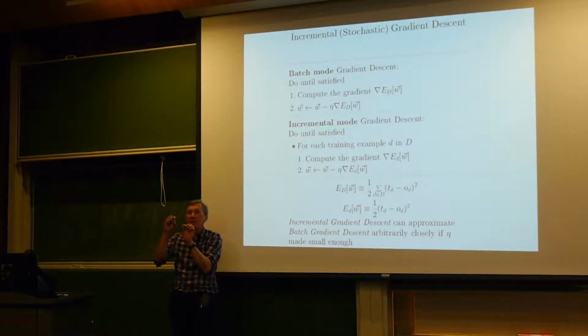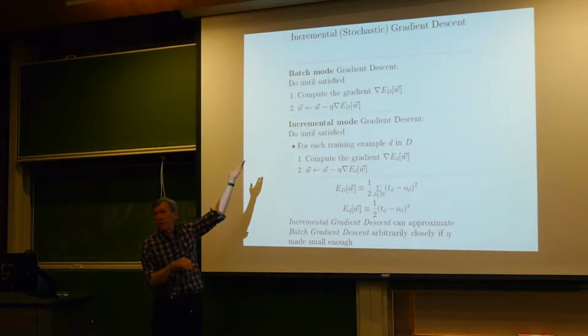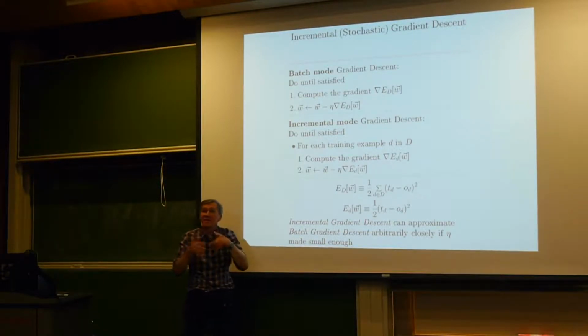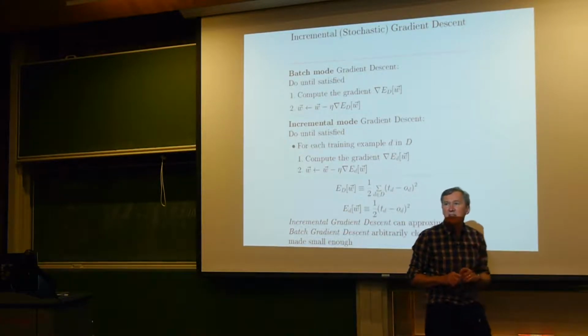You can prove that if you make the step size small enough, as that step size approaches 0, then the sum of the individual data point gradients approaches the true gradient. But in practice, this turns out to be a much faster way to train things.